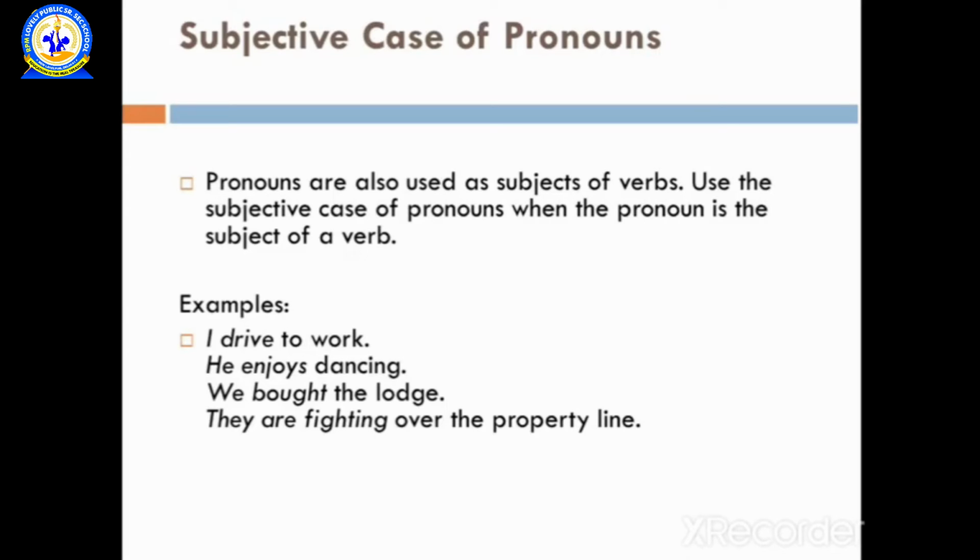Starting with the subjective case of pronoun. Pronouns are also used as subject of verbs. Use the subjective case of pronouns when the pronoun is the subject of a verb. For example, I drive to work, he enjoys dancing, we bought the lodge, they are fighting over the property line.